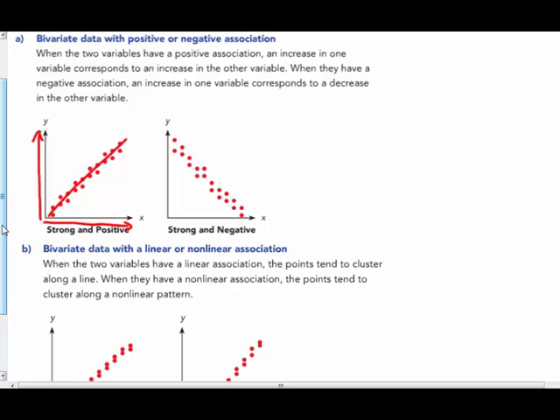When you have a negative association, as the x increases across from left to right across the x-axis, the y's are decreasing. So this is a strong negative association.